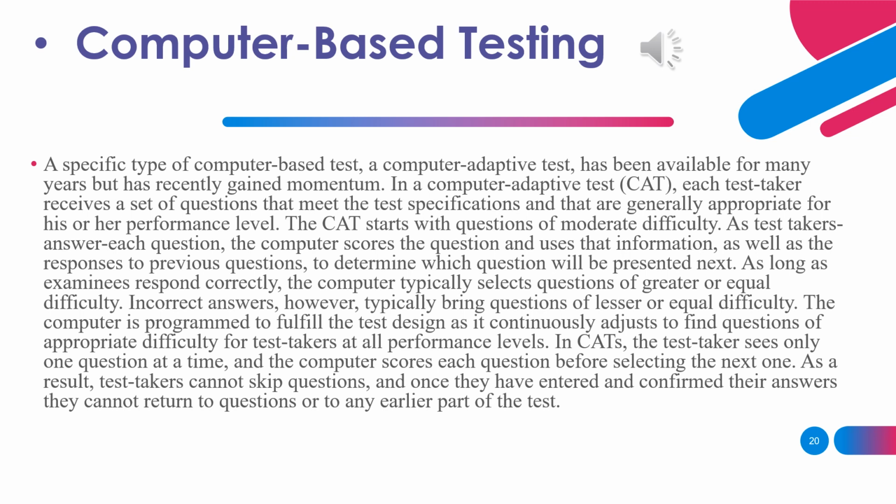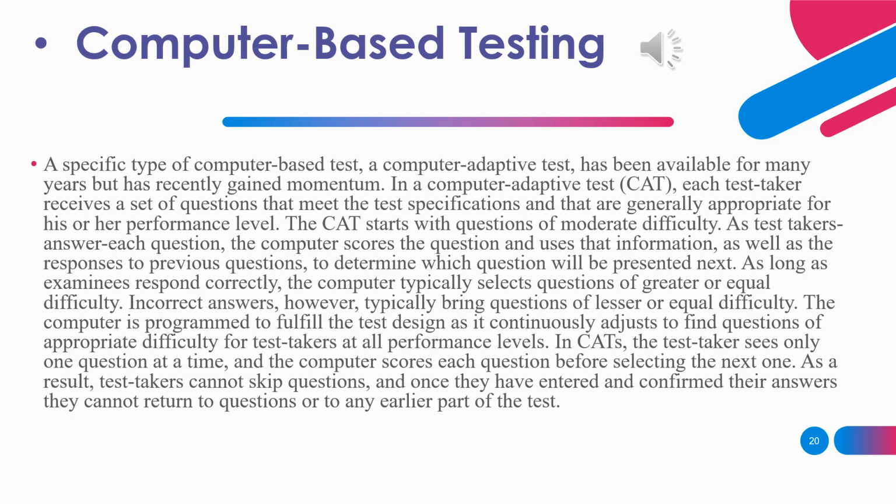The CAT starts with questions of moderate difficulty. A test taker answers each question. The computer scores the question and uses the information, as well as the responses to previous questions, to determine which question will be presented next.